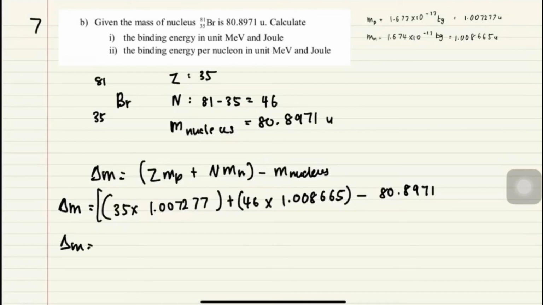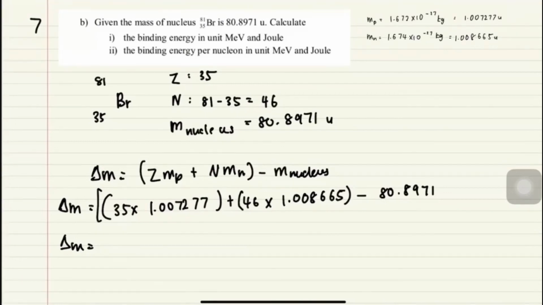So this one, I just double check the values to correct. So mass of neutron, okay, mass of proton, I think correct. Okay. So 35 times 0.07277. Okay, so what's the value that you get here?